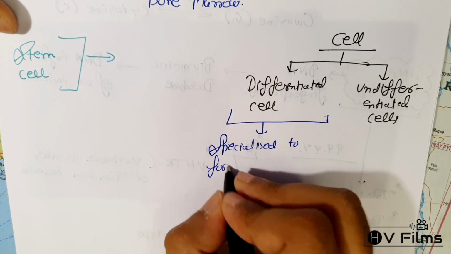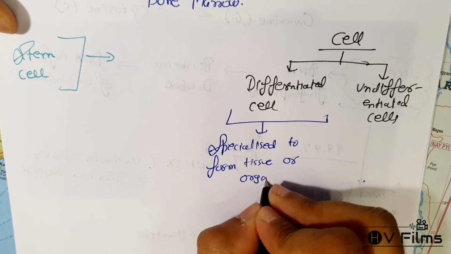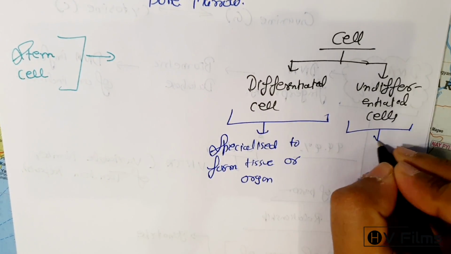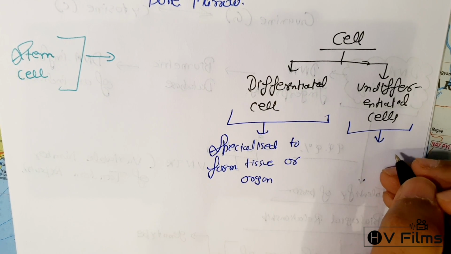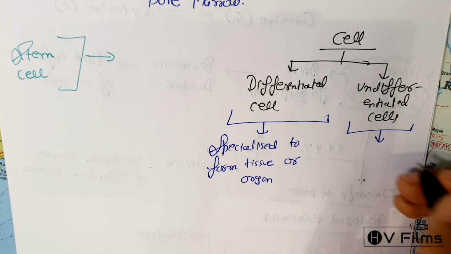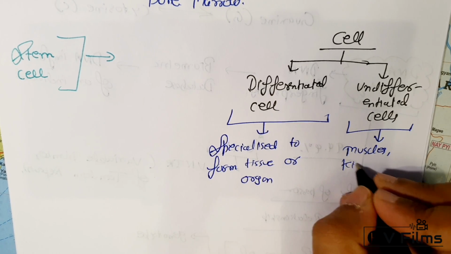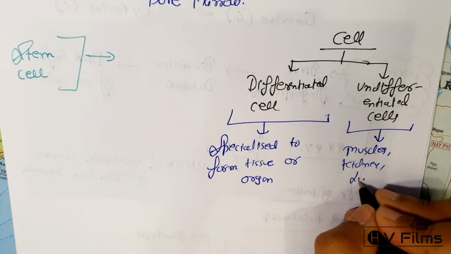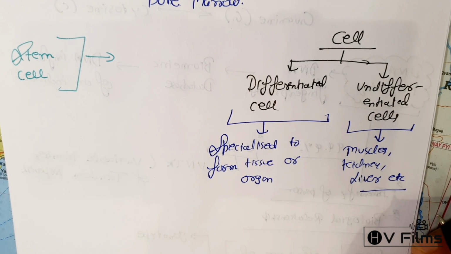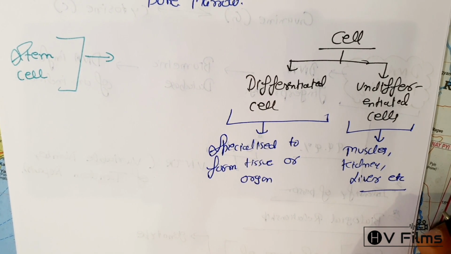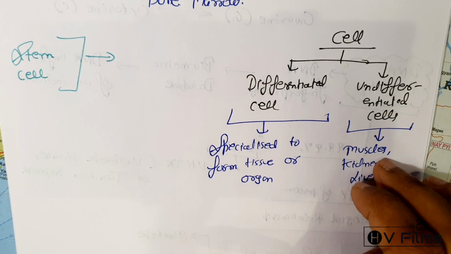Similarly, the undifferentiated cells are those that have the potential to develop into many different types of cells, like those in the muscles, the kidney, liver, etc. So this is the basic difference between differentiated and undifferentiated.